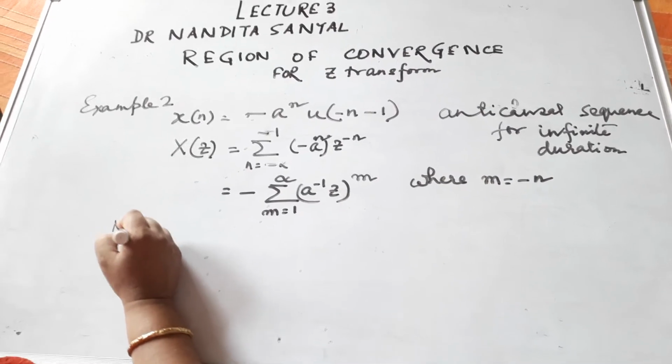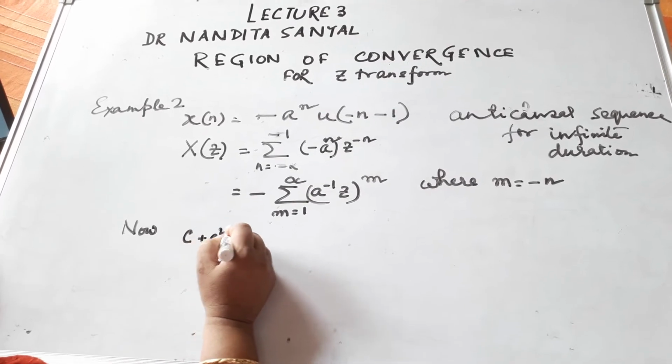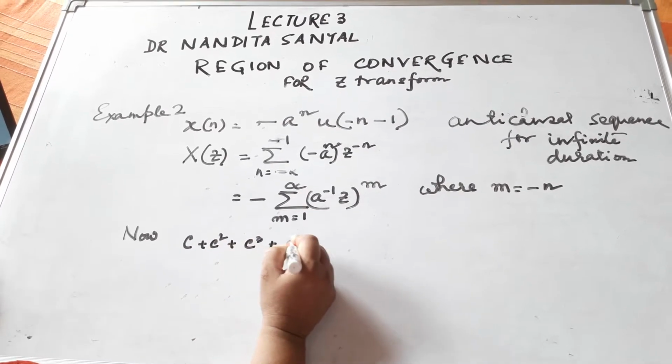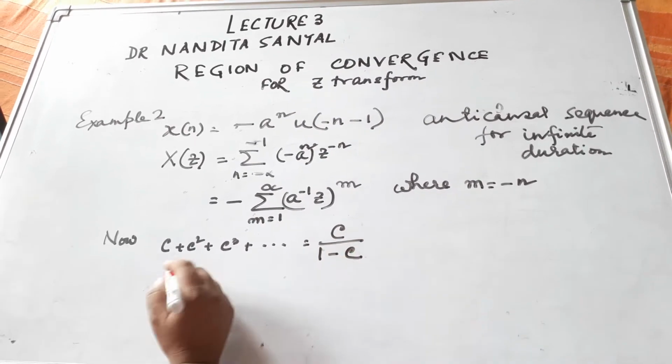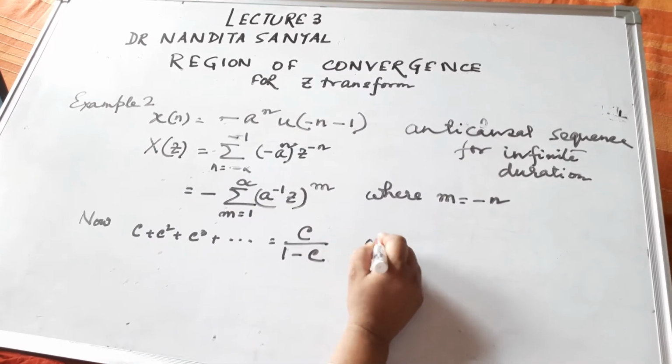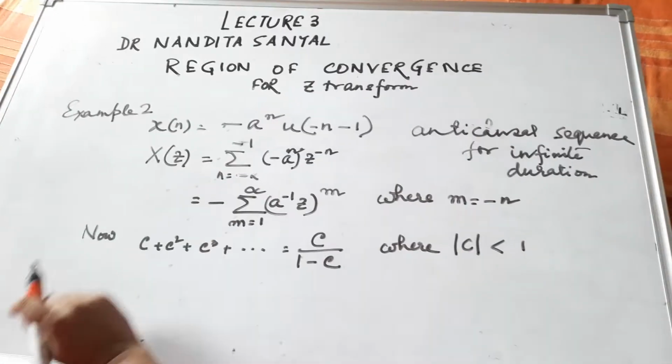Now we know that c plus c square plus c cube plus so on is equal to c by 1 minus c, where mod c is less than 1.